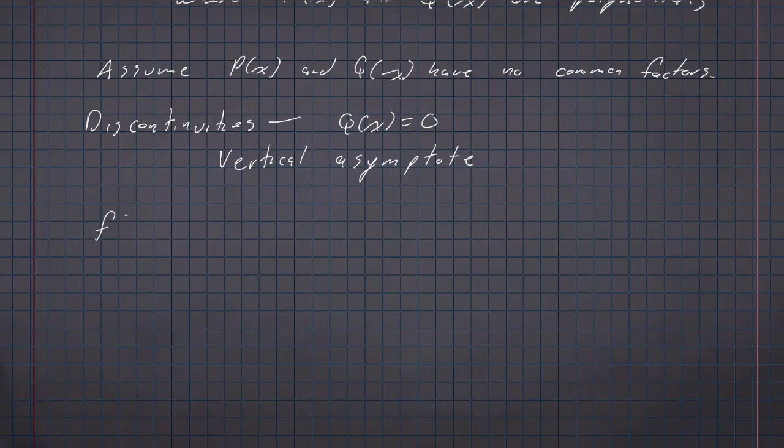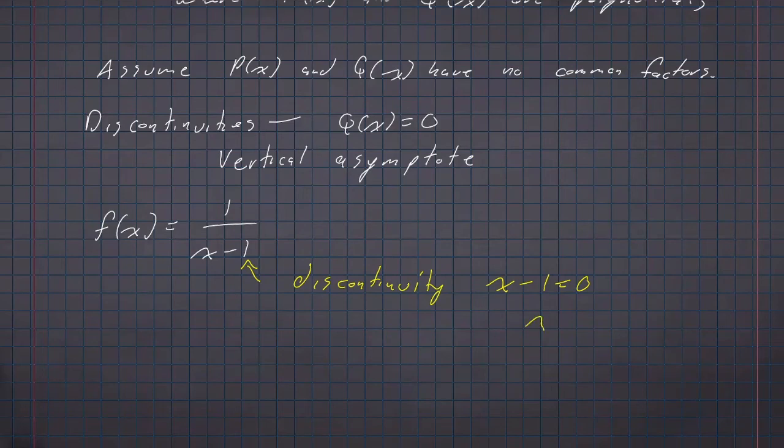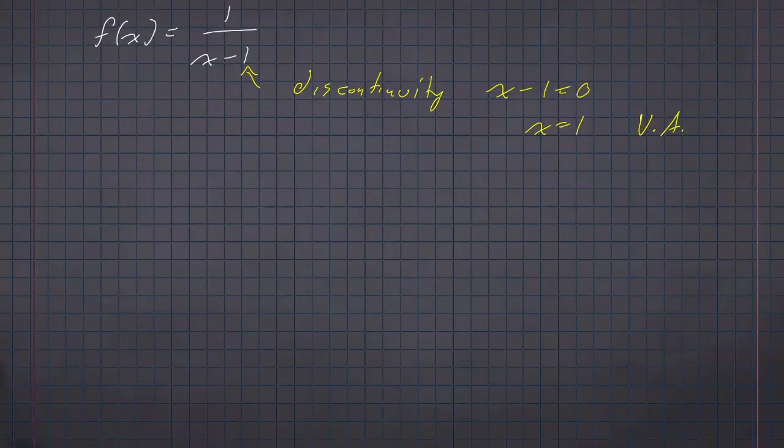Consider the function f of x equals 1 over x minus 1. This has a discontinuity when x minus 1 is 0, which means that x is equal to 1. And that discontinuity is going to take the form of a vertical asymptote.